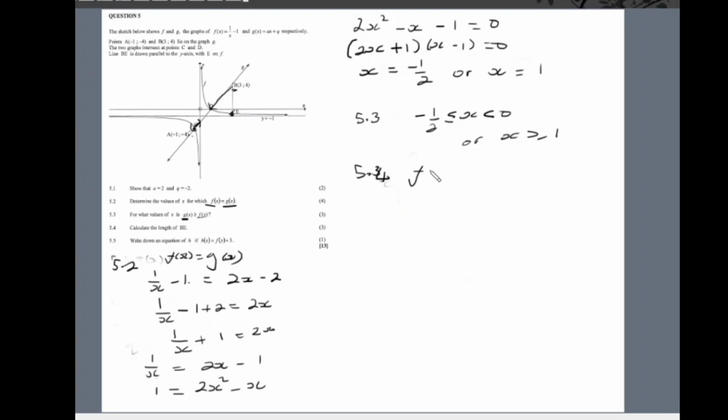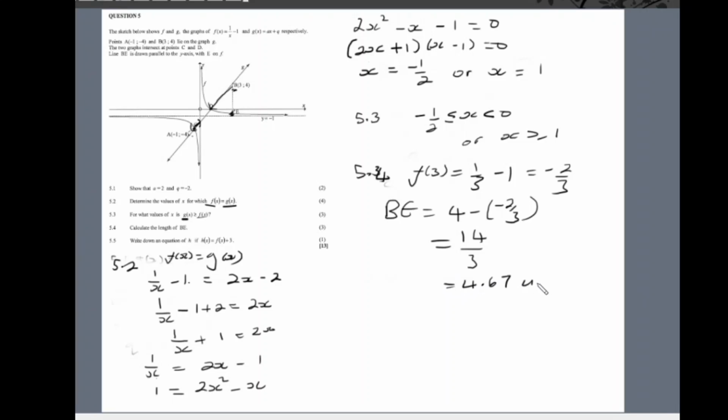So we'll substitute 3 in our function: 1 over 3 minus 1, to get minus 2 over 3. Now to calculate the length of BE, we will have 4 minus 2 over 3, which will give us 14 over 3, or 4.67 units.